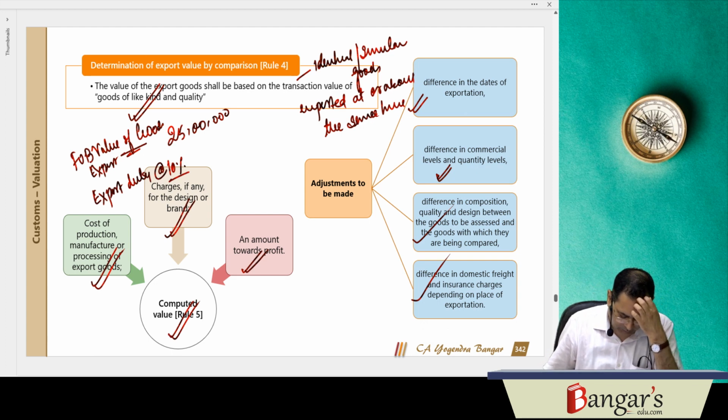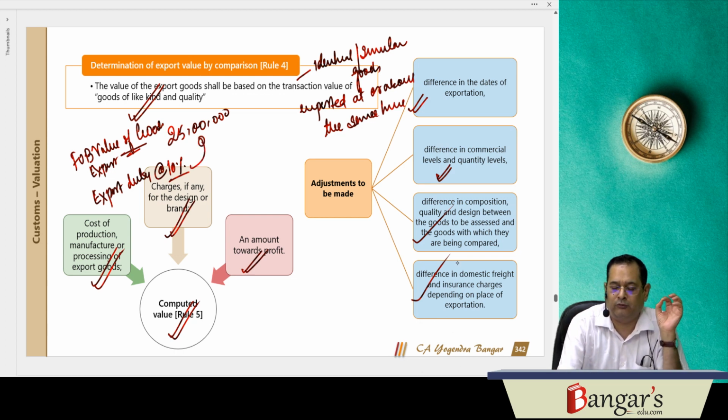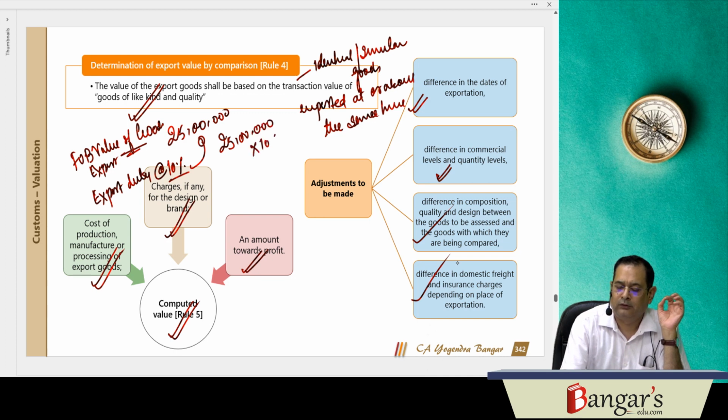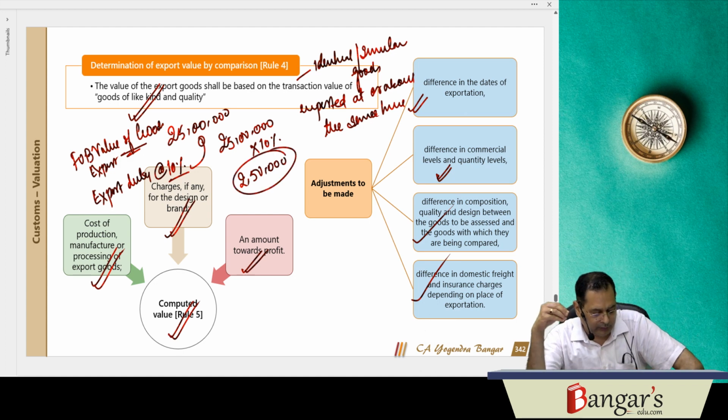Therefore, export duty will be levied at the rate of 10% of rupees 25 lakhs, that is 2,50,000 rupees. This way, our calculation is made.